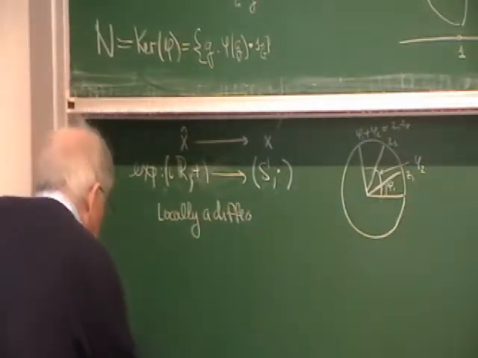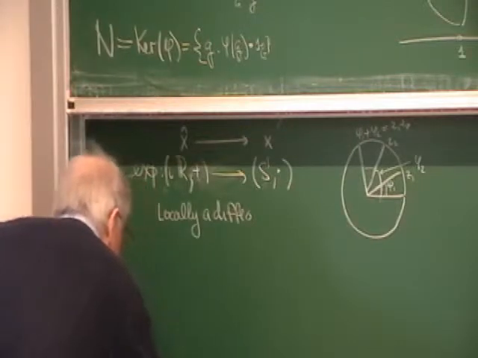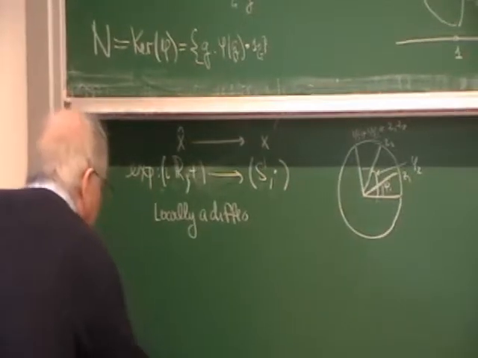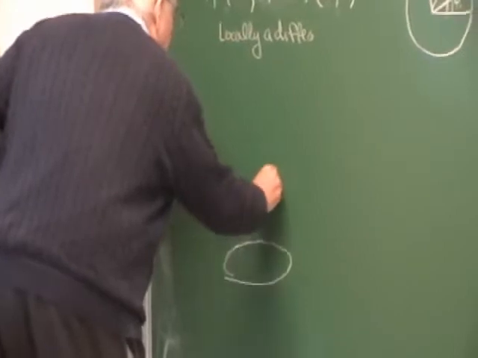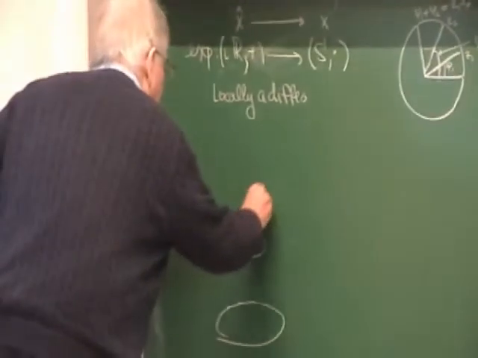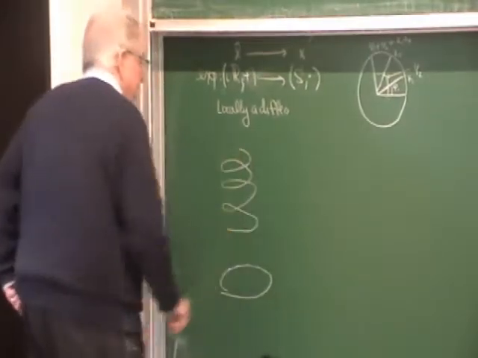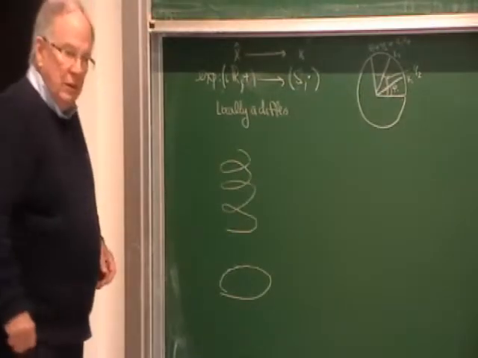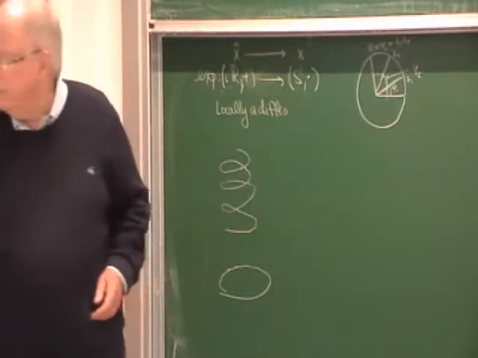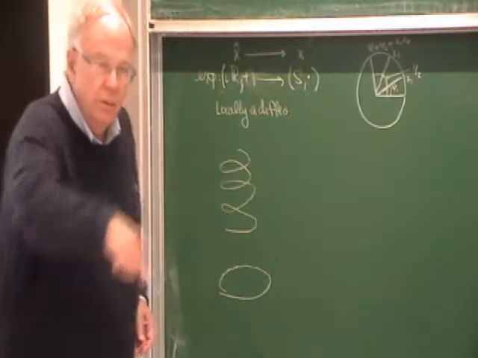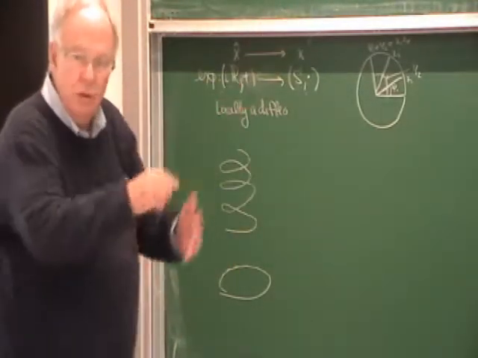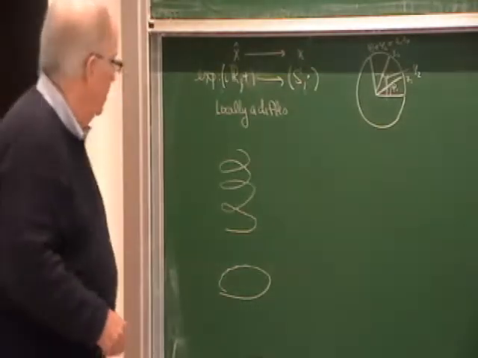So that's good. We have the circle, and here's the picture of the circle. And now I'm very bad at drawing pictures, as you know, but I go on. It looks like that. Okay? Because it's the same picture. I've just restricted the exponential map.